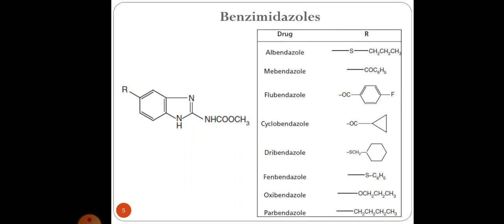Here are the examples: albendazole, mebendazole, flubendazole, cyclobendazole, dribendazole, fenbendazole, oxybendazole, and parbendazole. Based on the substitution, that is aromatic or aliphatic substitutions at the R, different types of benzimidazole compounds were developed.